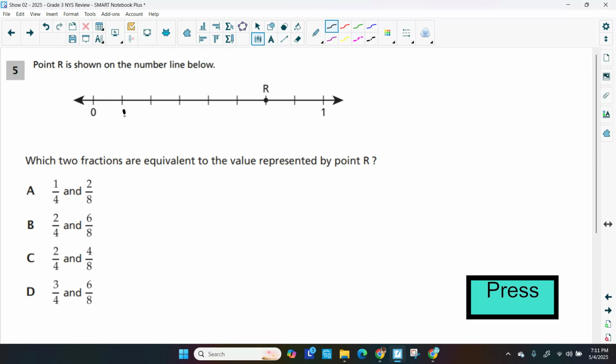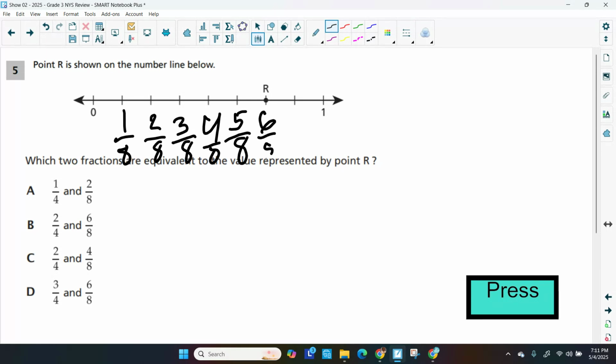So let's do 1/8, 2/8, 3/8, 4/8, 5/8, 6/8, 7/8, and 8/8, which is 1 whole.